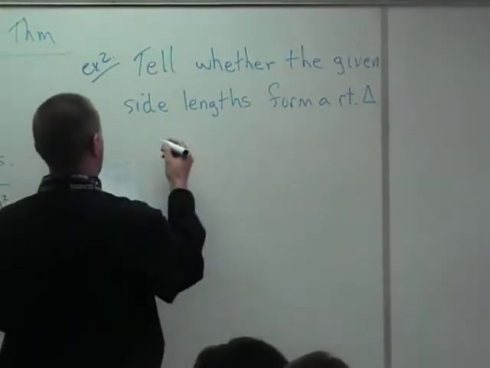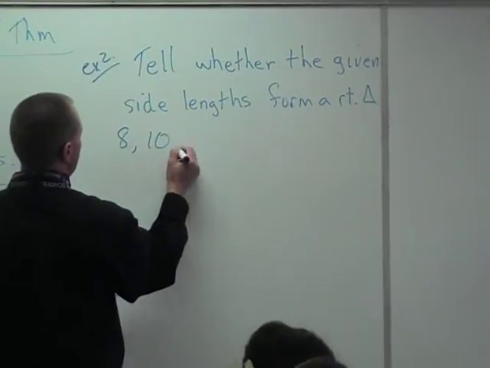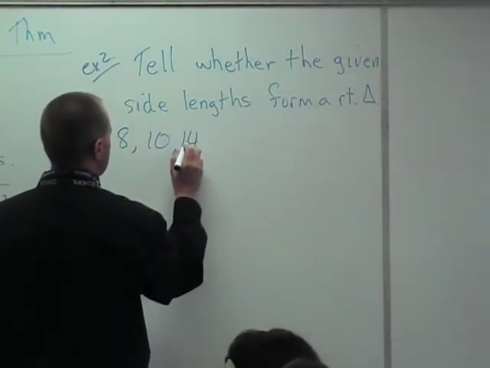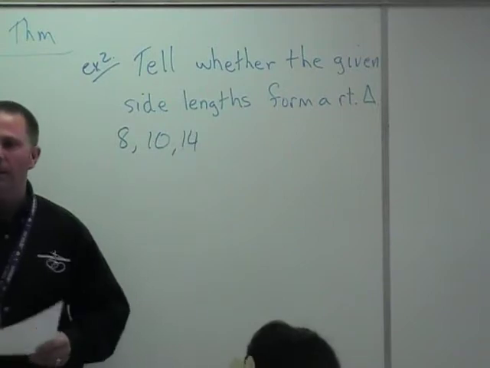Here we have 8, 10, and 14. Those are the side lengths. Now, which side is the hypotenuse?